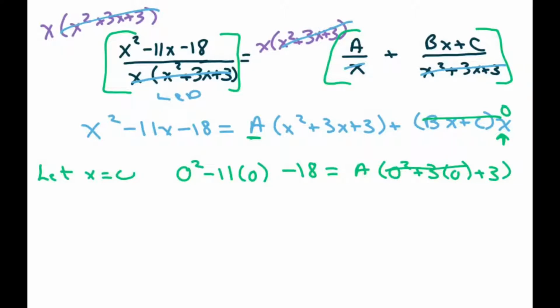That knocks that out. That's knocked out. So basically what we get is negative 18 equals 3A. Divide by 3. So A is going to be negative 6.